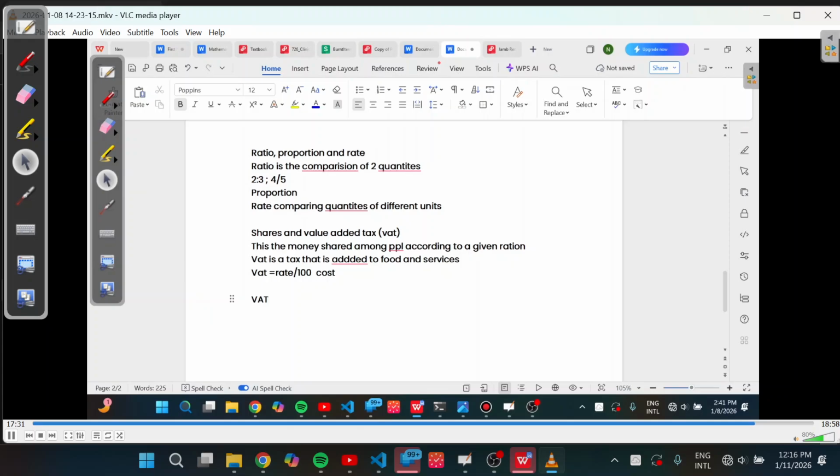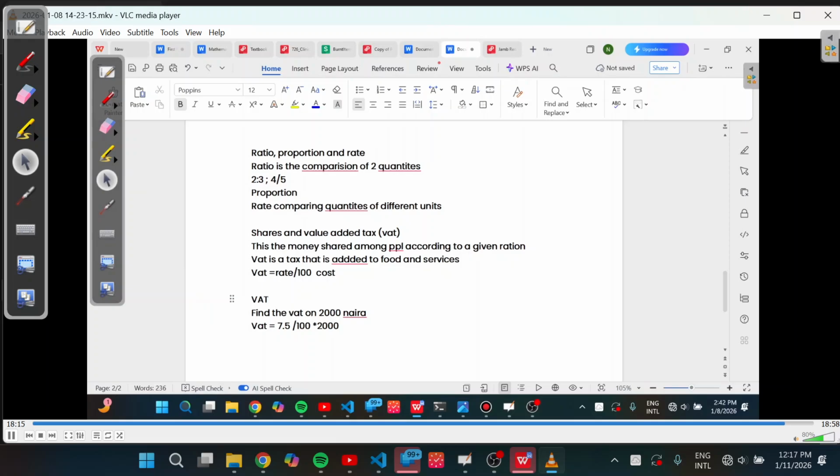So let's say we want to solve this example that says find the VAT on 2000 naira if we're given the rate to be 7.5%.